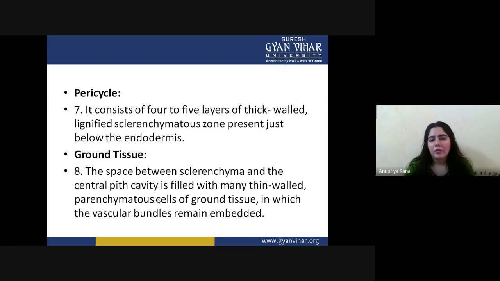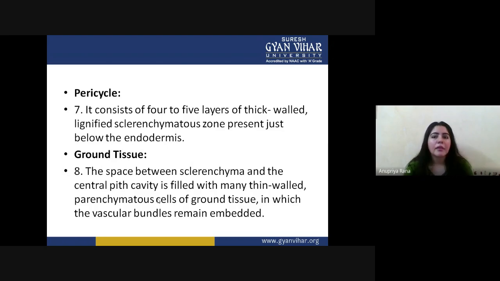So this is the only feature you have to understand for the pericycle of the dicot stem: their pericycle is sclerenchymatous, and there are 4 to 5 layers of thick wall present there. When the pericycle is made up of sclerenchyma, it is understandable that it is present to give mechanical support.